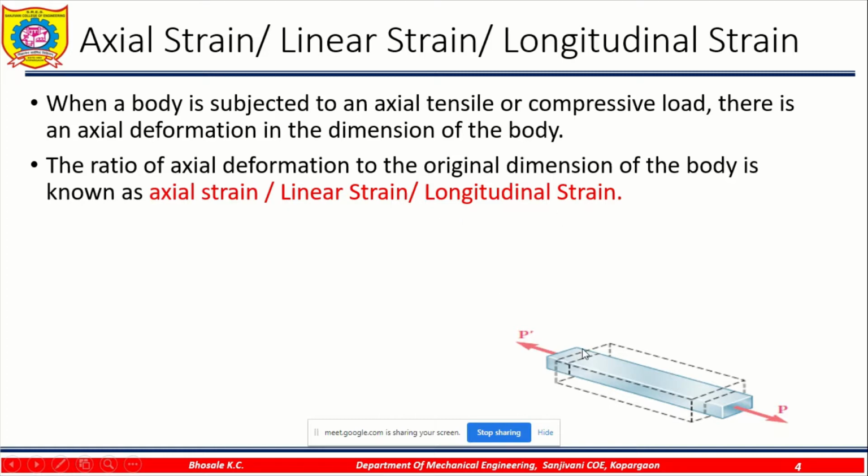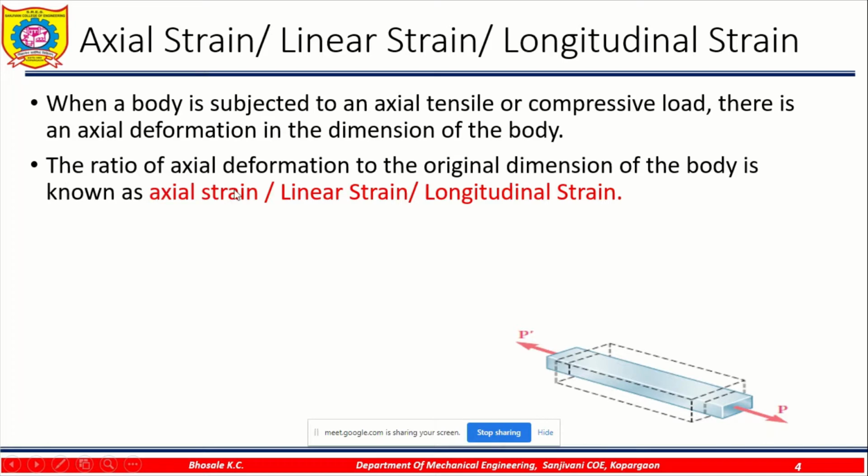In some books it is given that the ratio of the change in length to the original length is known as the linear strain or longitudinal strain. But as I have told, we can apply the load along the width also. We can apply the load along the height also. In that case, the formula will not remain the same. So we have to make changes in the formula.